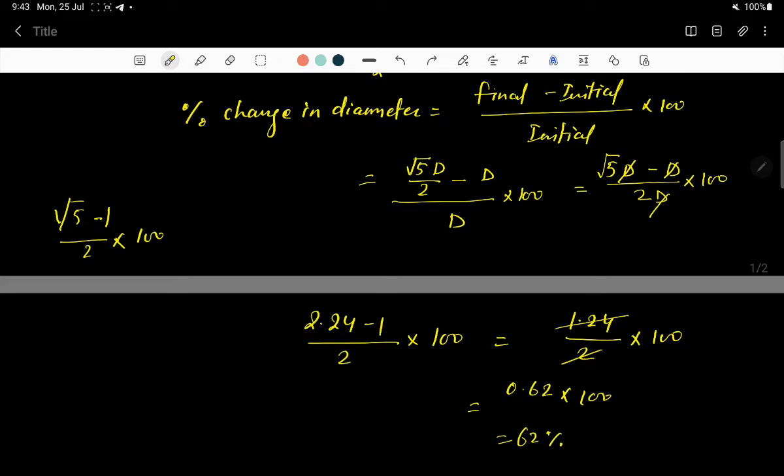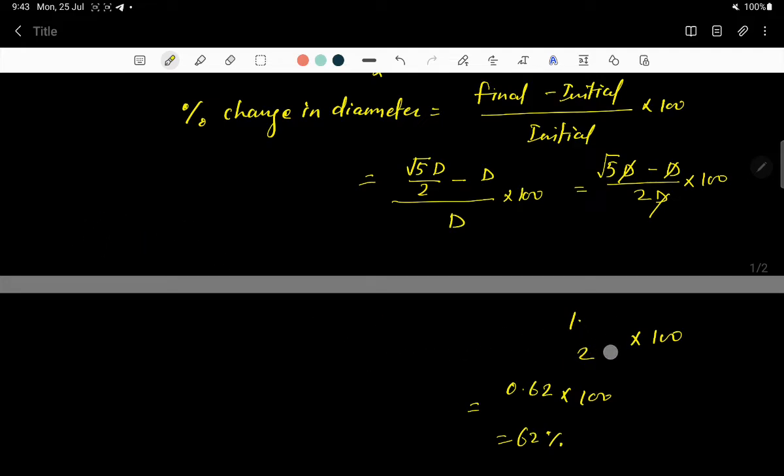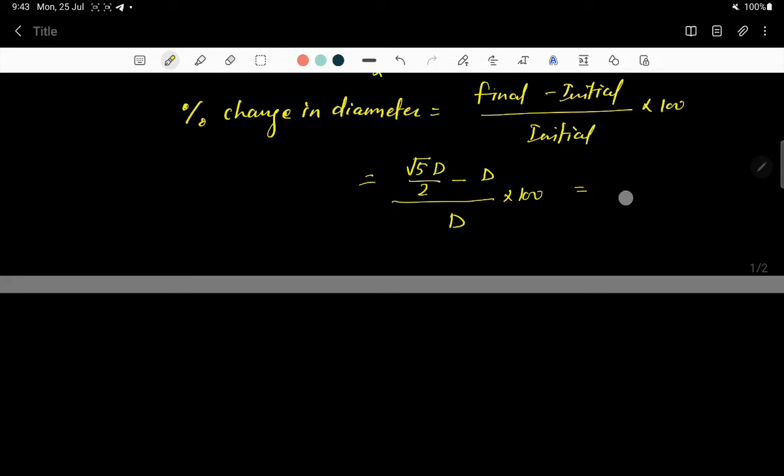We did it wrong from here, so we rewrite it from here. So this will become root 5 d minus 2d upon 2, upon d, into 100. So now it is right.